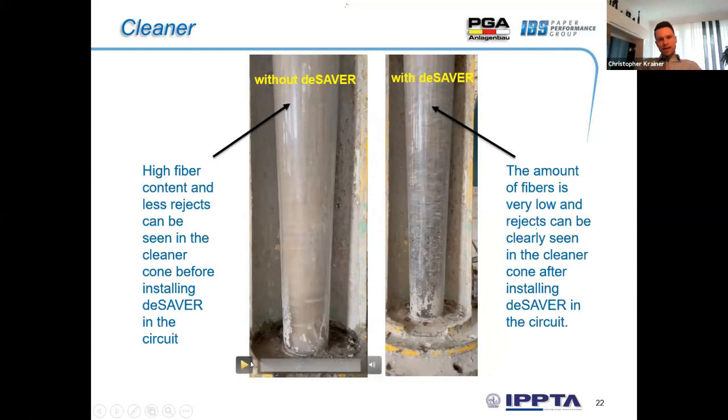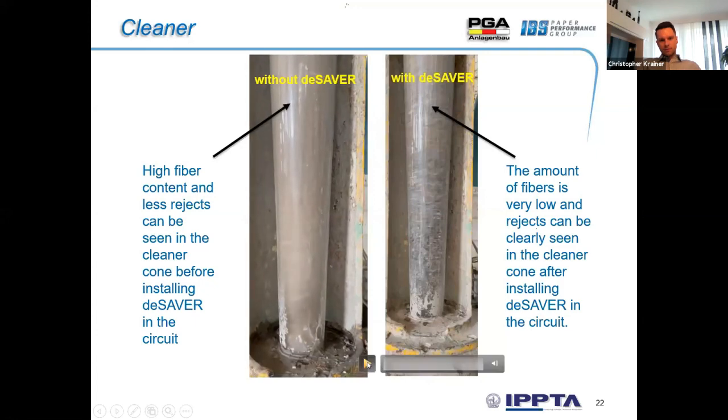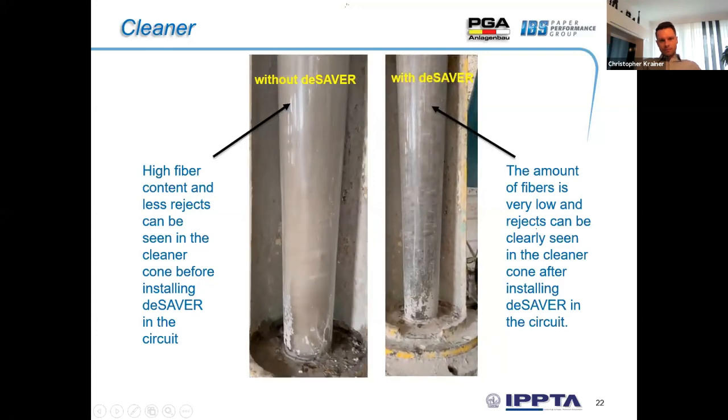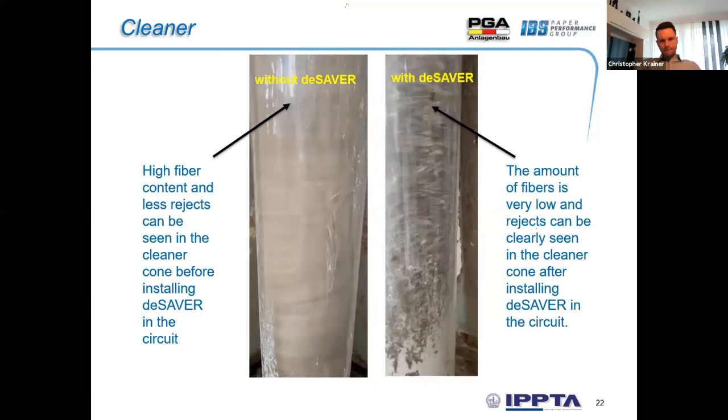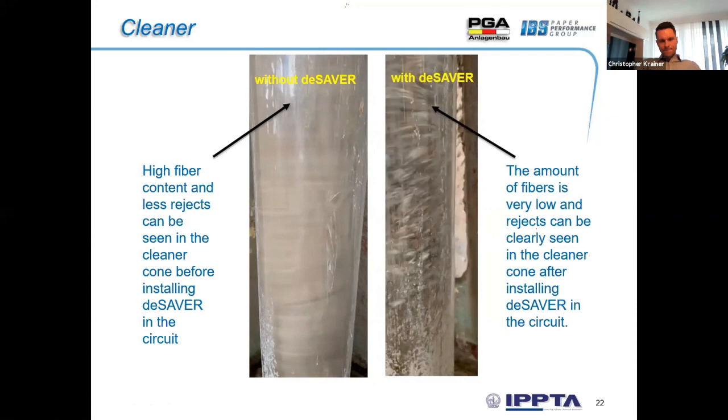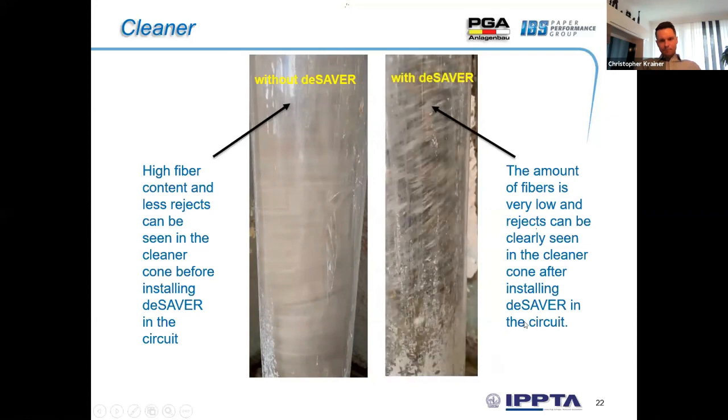I will play these videos together, then you can see this difference. So you can see here with the I-fiber, this is very clean, no fibers are inside, and only the heavy parts such as glass, sand and stones are in.